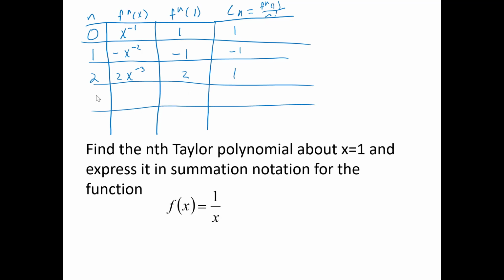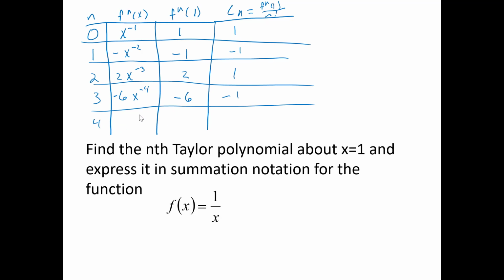When n is 3, you will get negative 6 x to the negative 4. And then when you plug in 1, you will get negative 6, because 1 to any power is 1. And then over here, negative 6 over 3 factorial is negative 1.